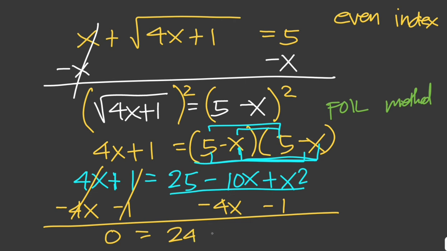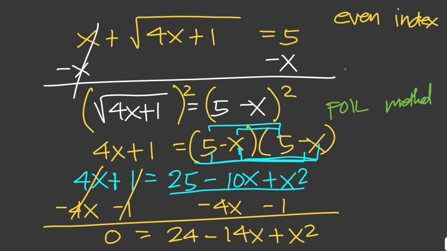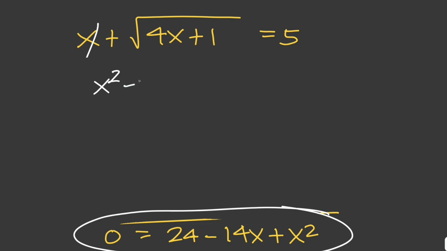Negative 10x minus 4x is negative 14x, plus x squared. Let me delete this. And now we have this equation here: x squared minus 14x plus 24 equals 0.